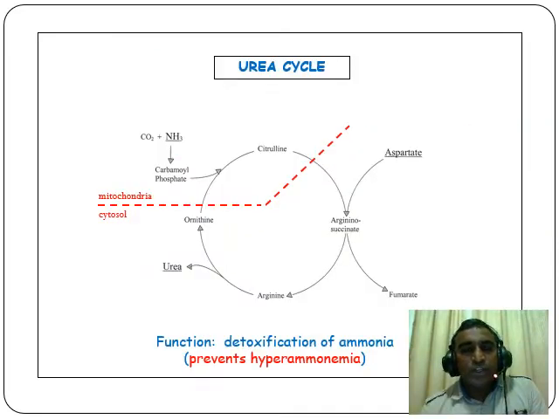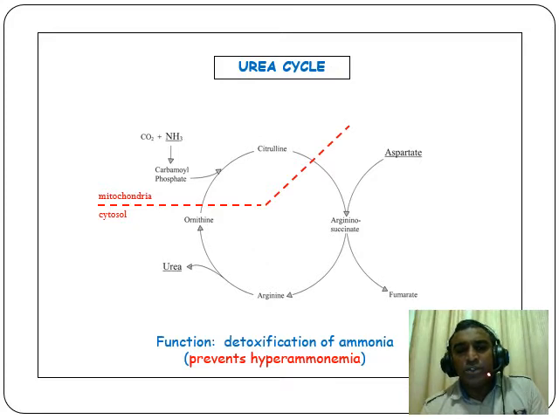Here is given the urea cycle summary, and this diagram I think I have utilized for the final exam already twice, and it has been used in assessing the students.